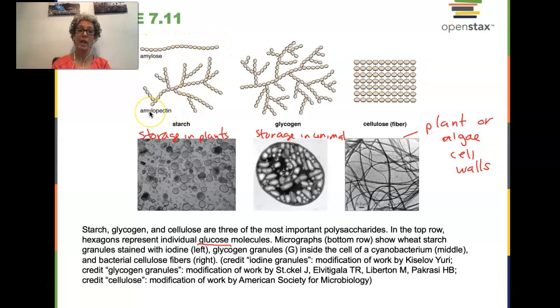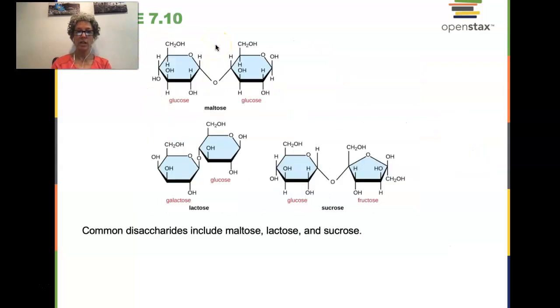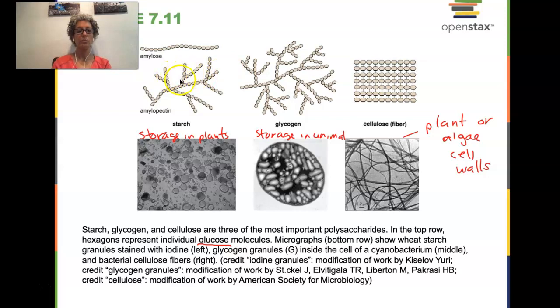We can also have amylopectin, where we have the linear links, but then we have branches coming off. All of these, in the linear portion, are linked together like these two glucoses, from the first carbon to the fourth. In the branches, they're linked from the first carbon of one glucose to the 6th carbon of the other one, and that's what causes the branching.